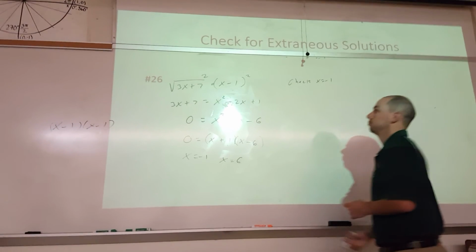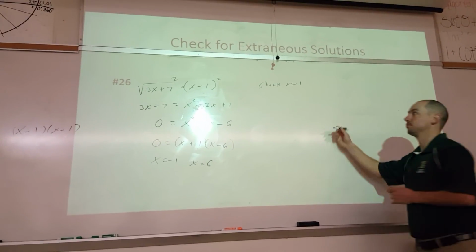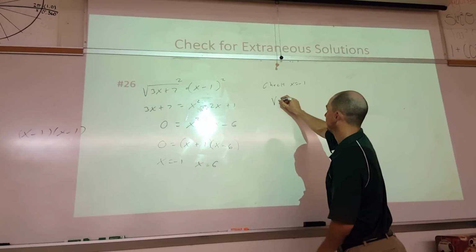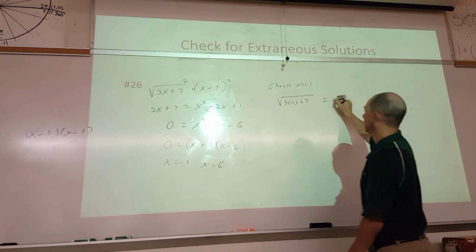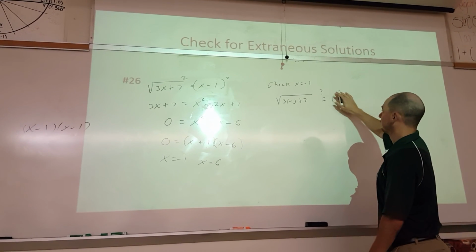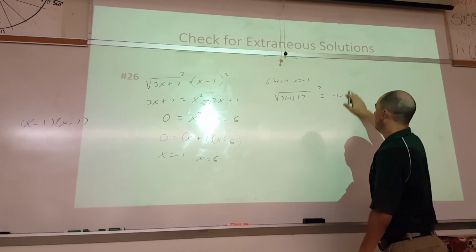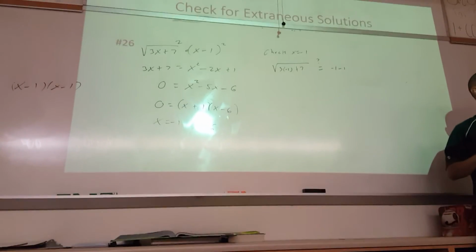x equals negative 1. Back to the original equation. Negative 1 minus 1. Okay, I'll put a question mark because we're checking to see if it works. We don't know.